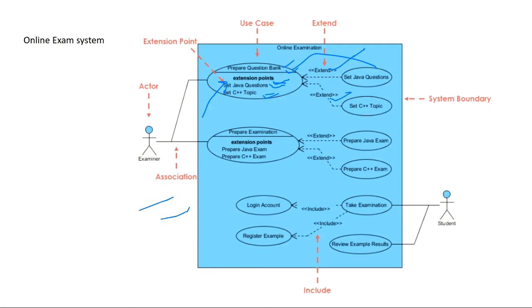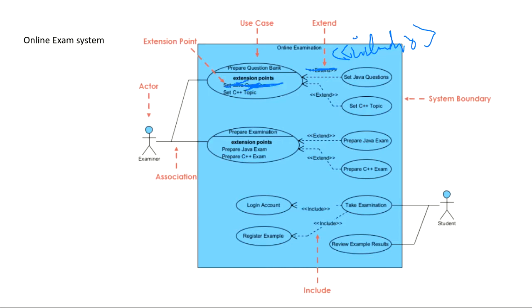If instead of extend there was include, then whenever you are preparing a question bank, suppose it's something like this: instead of extend, for the Java questions it's include, and for the C++ questions it's extend. So what does this mean? Suppose you remove Java from here.